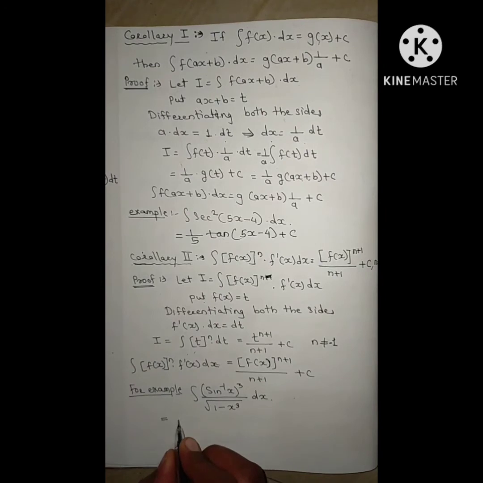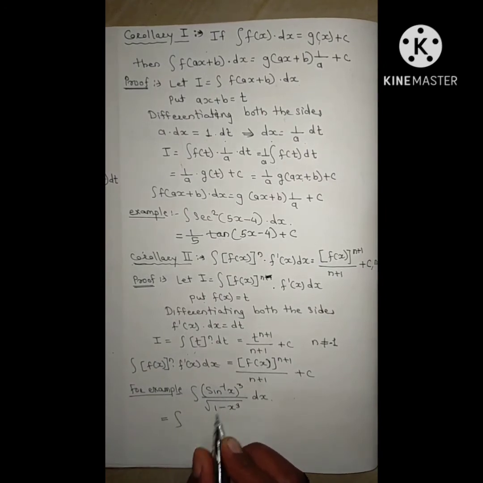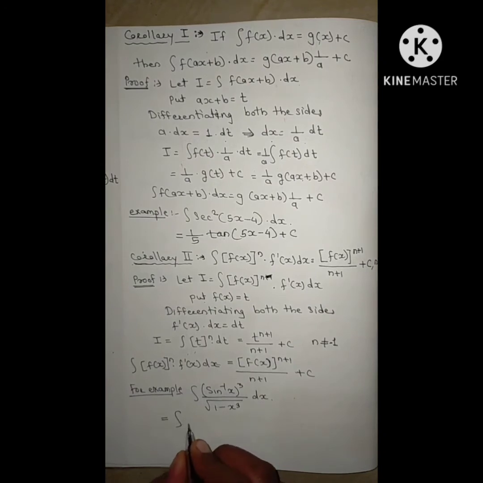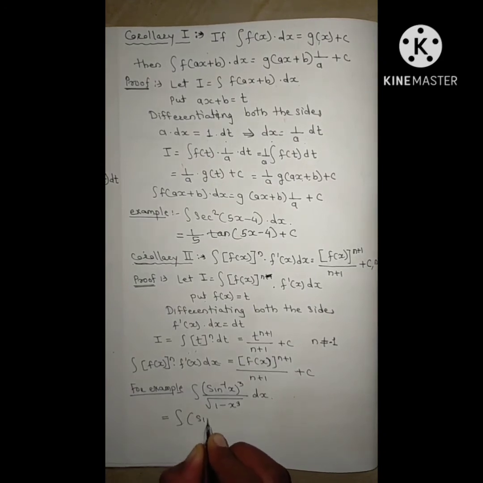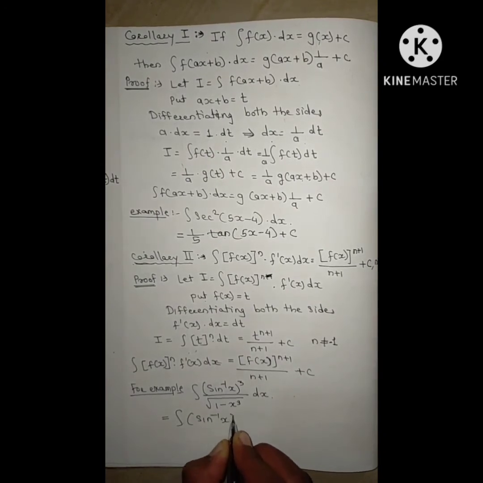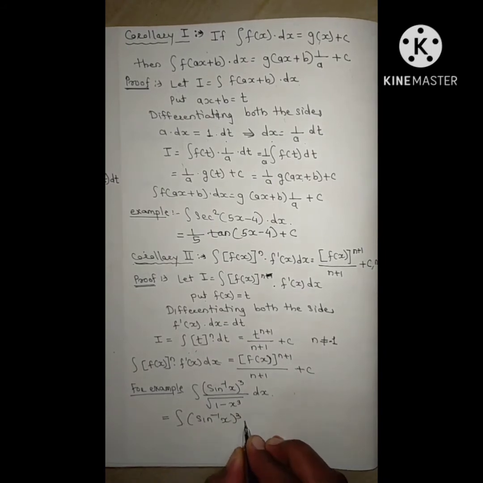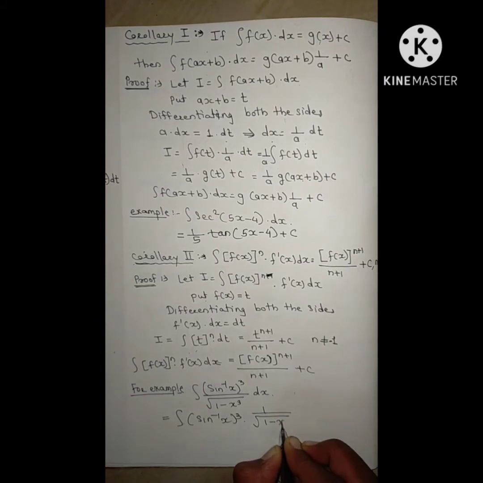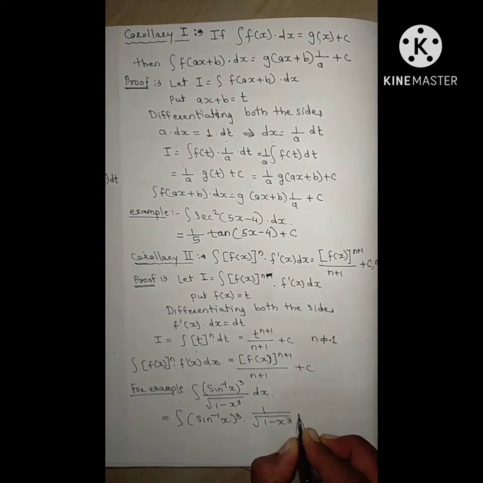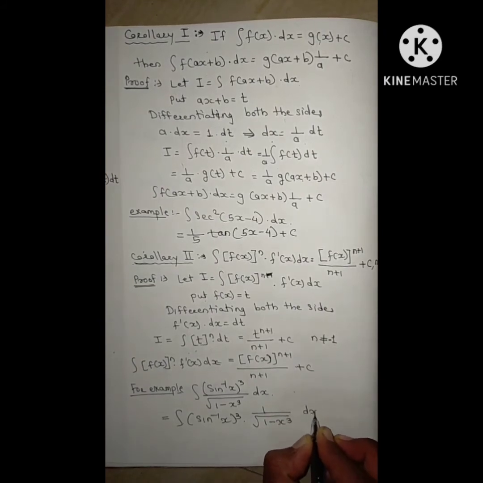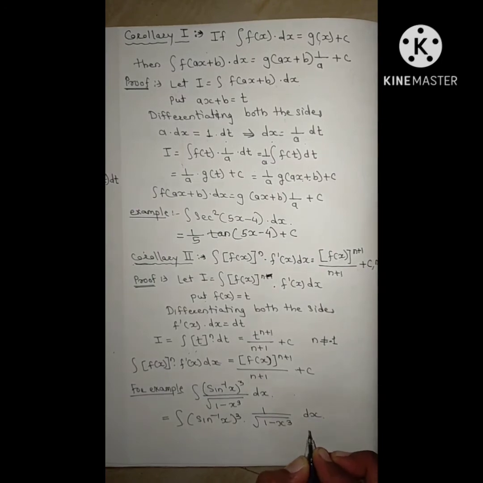Therefore, solving this, we get that this is f of x. Therefore, integration sine inverse of x raised to 3 into 1 upon under root 1 minus x square into dx.